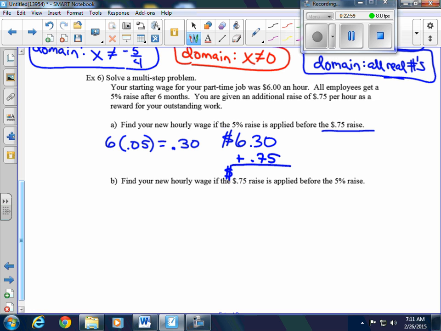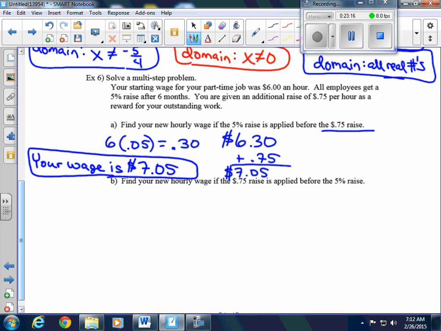Now you're going to end up making $7.05 per hour. So your wage is $7.05. Right, so that's how much you would make if it was applied this way.